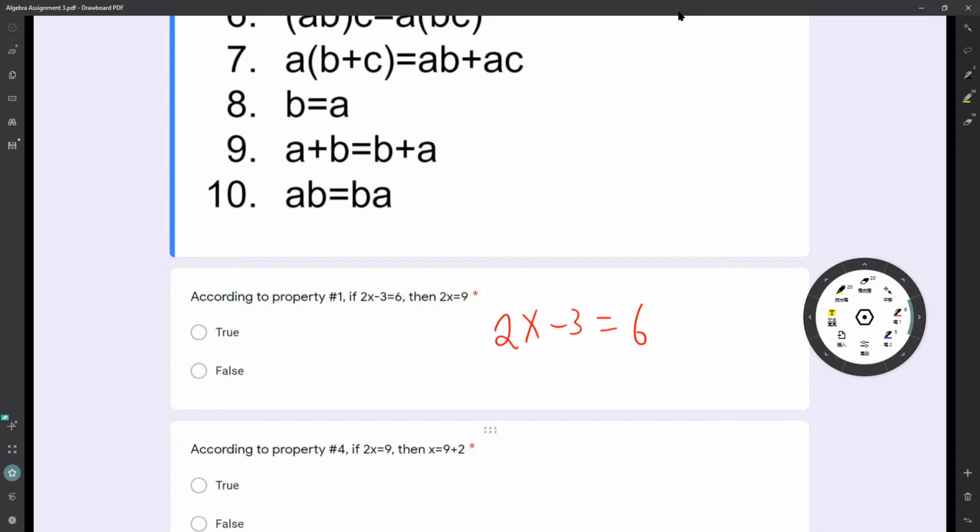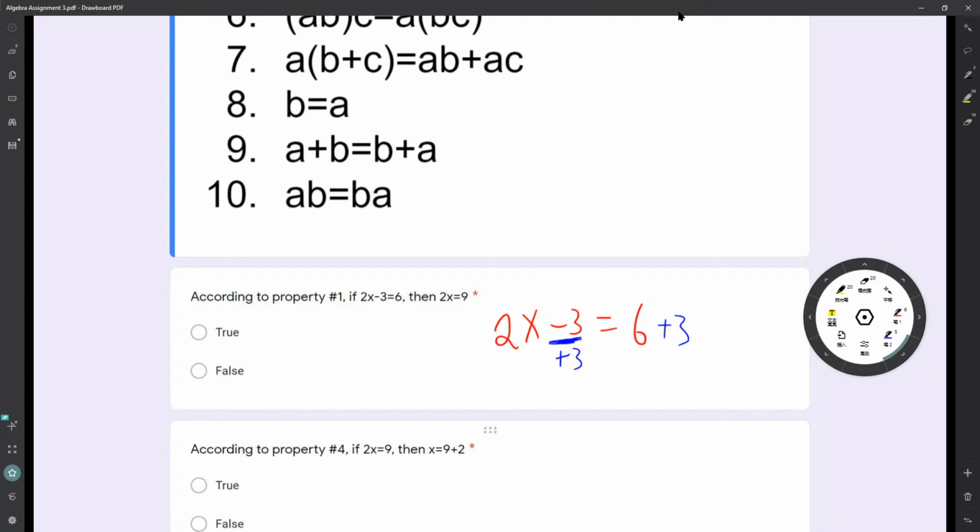But what do we add? Here, we have a negative 3, right? We add 3. Why do we add 3? Because that's the opposite of negative 3. And then we add 3 on the other side. Here we're adding the same number, c, which is 3.